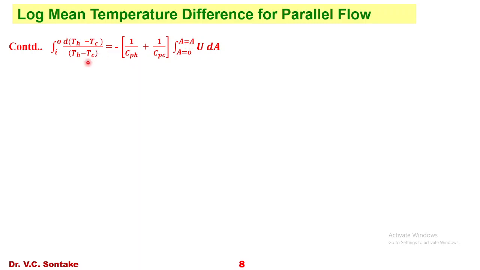Now let us talk about the boundary conditions, how boundary conditions are varying in the heat exchanger in the left hand side of the expression and in the right hand side of the expression.